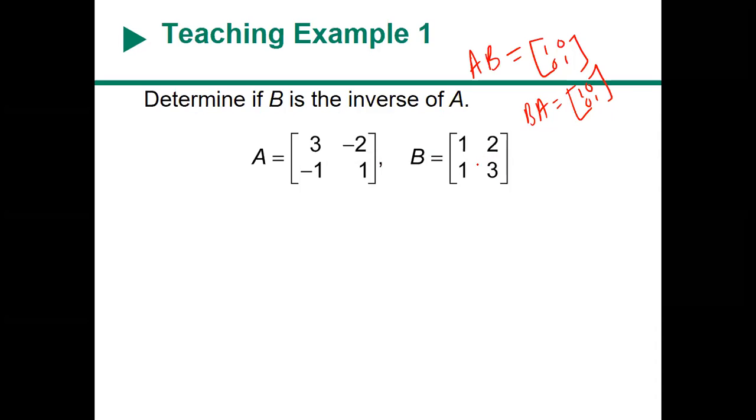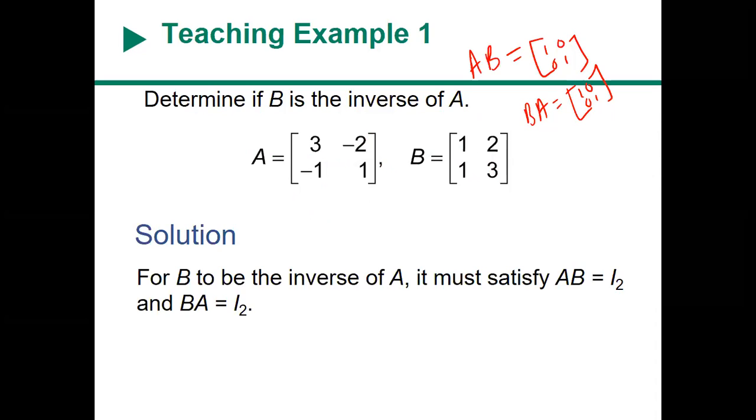Does that make sense? If it does not, then they are not inverses. If we remember from multiplying last week, you multiply the elements in each row by the elements in each column and add them together.